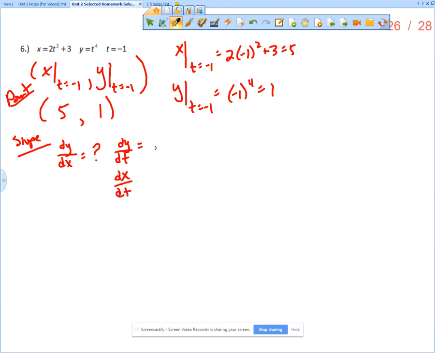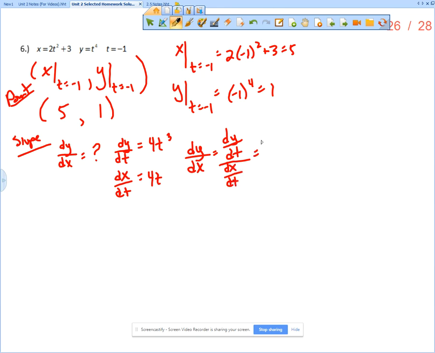So dy dt is 4t cubed. dx dt is 4t. And so we want to find dy dx by taking dy dt divided by dx dt.